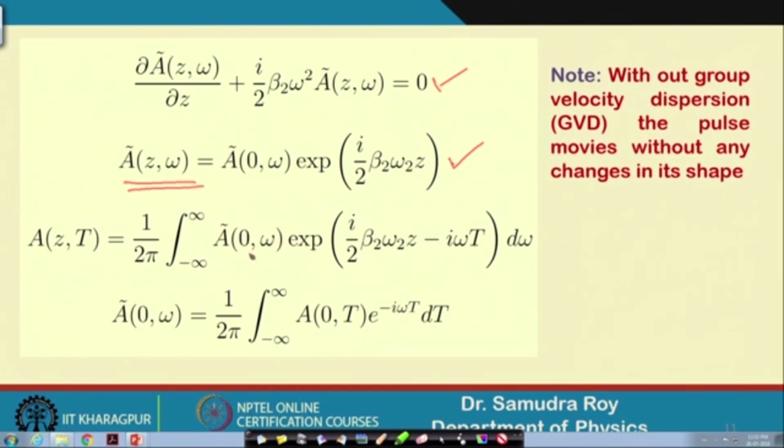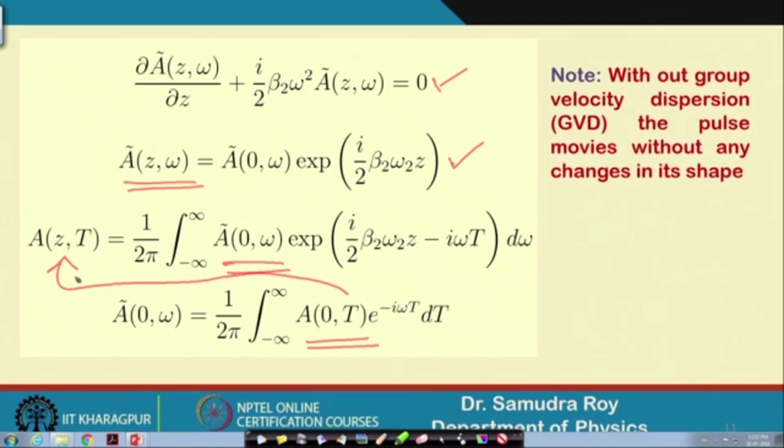Once I do that, I will have the initial value of A in the frequency domain. Again, the initial value of A in the frequency domain is given by the initial condition, that is, the initial form of the pulse in the time domain. So, if the initial form at z equal to 0 in the time domain is given, I can readily say what the value of the pulse will be at some other point z in the time domain.